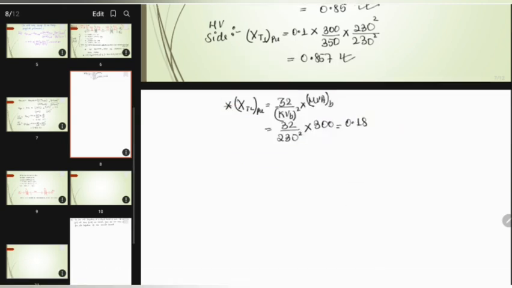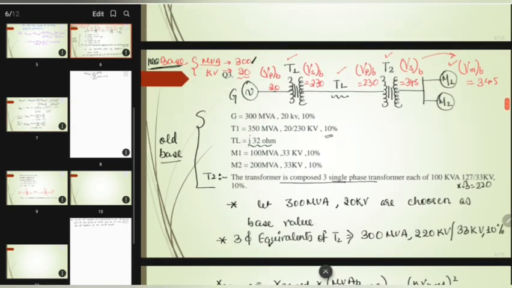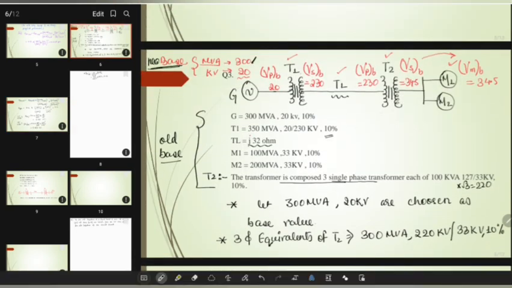Okay, now we need to find new per unit impedance for transformer T2. Okay, so I am finding this with reference to primary side. So XT2 per unit will be equal to, what is the impedance value they have given? See here, 10%.